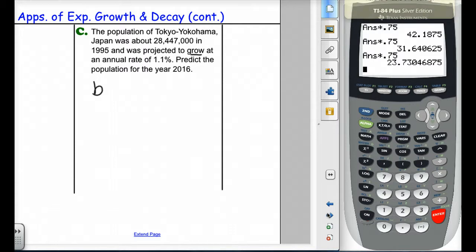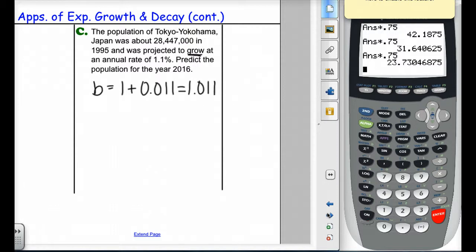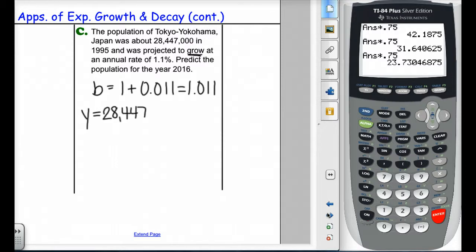We're growing, so we're going to take 1 plus 1.1%, which is 0.011, which gives us a b value of 1.011. Our initial value is 28,447,000, so we have that y is equal to 28,447,000 times 1.011 to the x power.